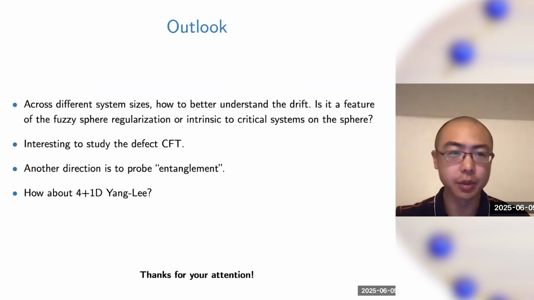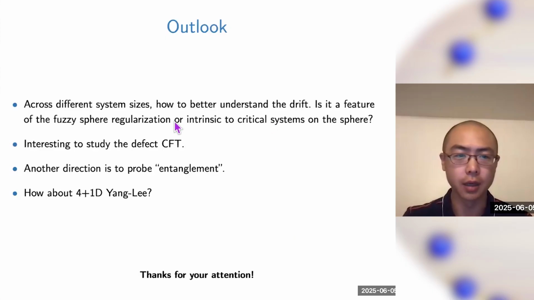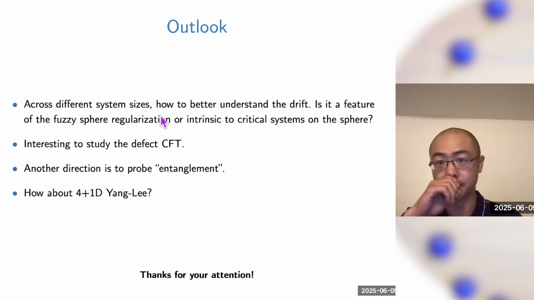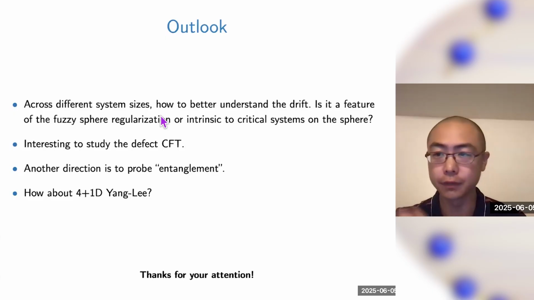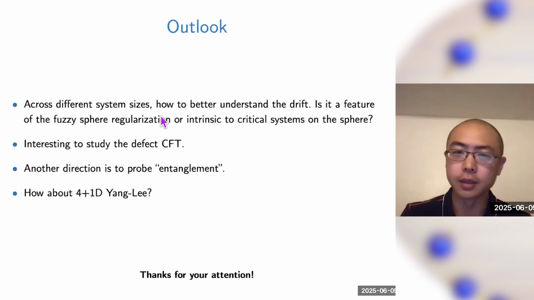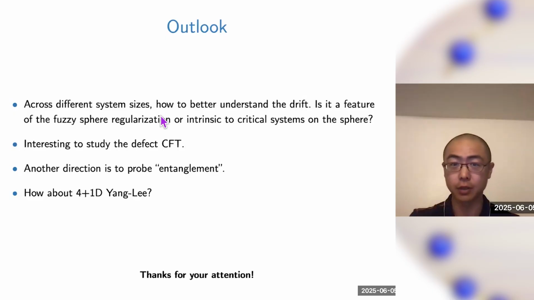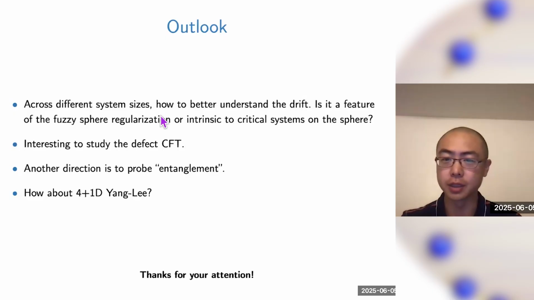Okay, that's pretty much what I want to say, and here are some outlooks. First, we have seen this drift of the critical point across different system sizes, and so we want to ask: is this just a feature of the fuzzy sphere regularization, or intrinsic to critical systems on the sphere?